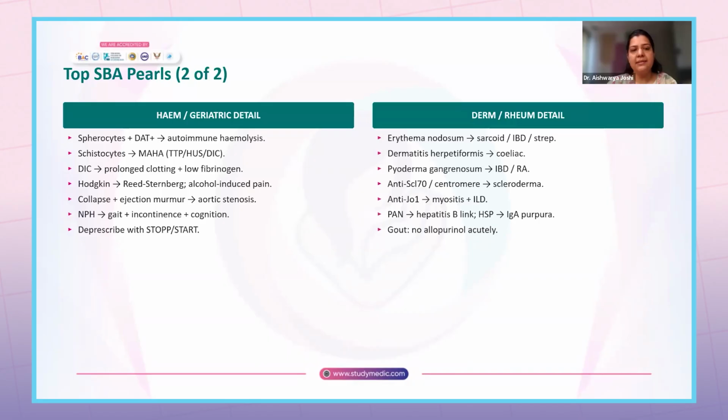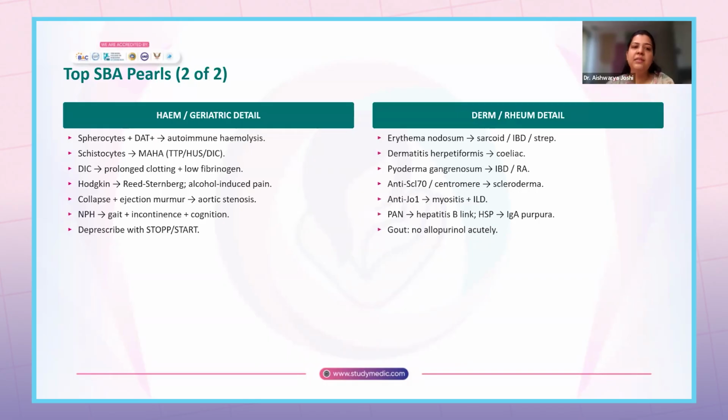Schistocytes or helmet cells indicate microangiopathic hemolytic anemia, which could be TTP, hemolytic uremic syndrome, or DIC, disseminated intravascular coagulation. DIC is a disorder of clotting. This occurs because of overconsumption of clotting factors and it presents with prolonged clotting time and low fibrinogen level.